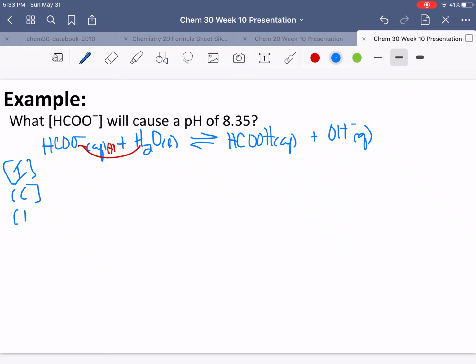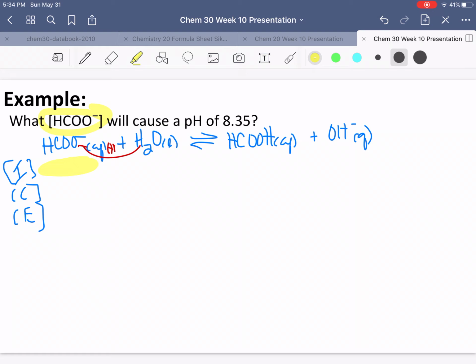So let's draw those concentrations for initial, change, and equilibrium. And the whole goal of the question is to find the initial concentration of this HCOO negative. Now that's what this is asking, right? So we need to work backwards to look for that.